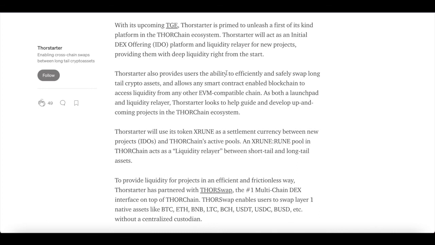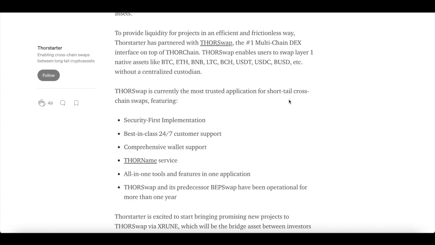Rune Pool in Thorchain acts as a liquidity relayer between short tail and long tail assets. To make it simple, to provide liquidity for projects in an efficient and frictionless way, Thorstarter has partnered with ThorSwap, the number one multi-chain DEX interface on top of Thorchain.